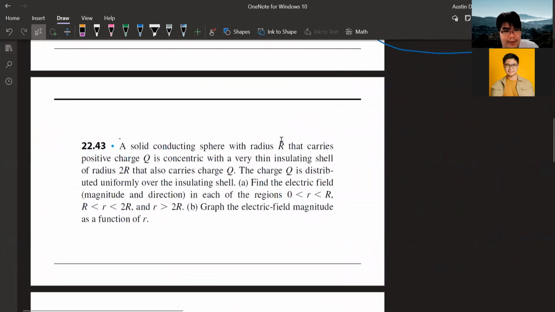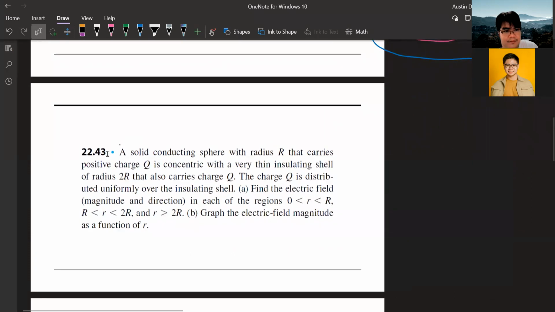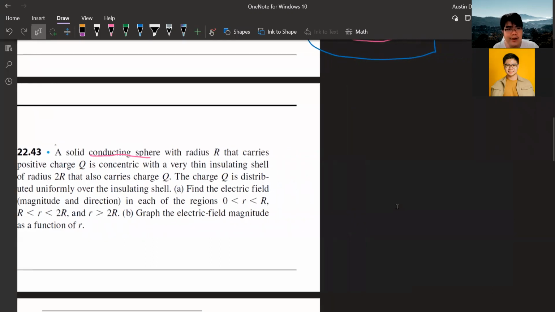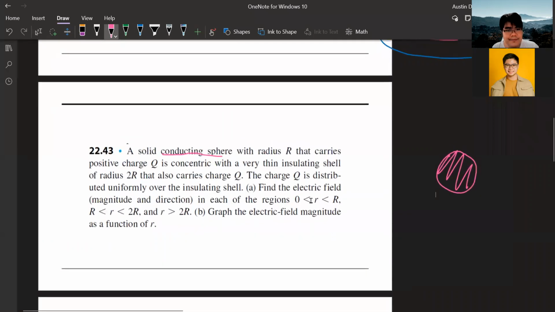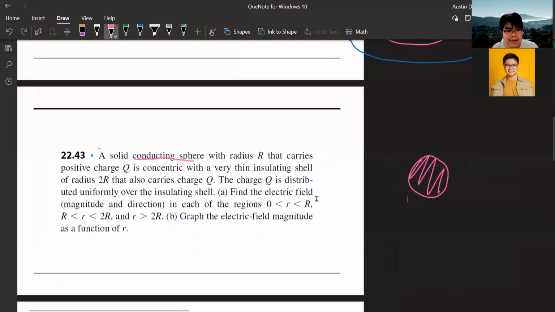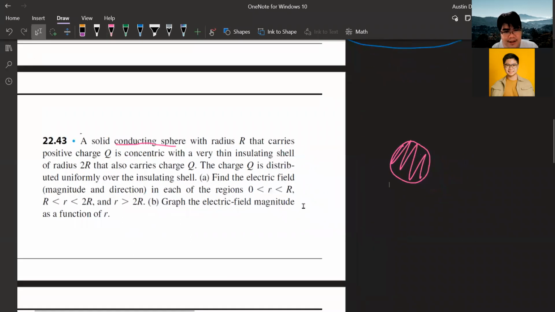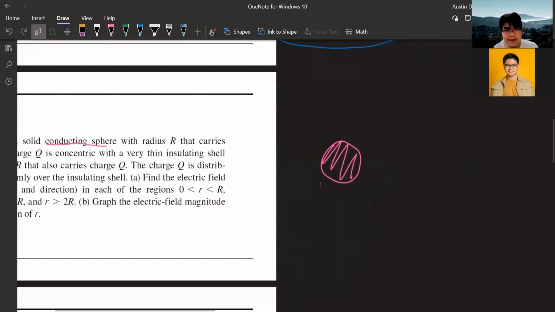Okay, let's have another one. Again, meron tayong conducting sphere. A solid conducting sphere with radius R carries positive charge Q and is concentric with a very thin insulating shell of radius 2R. So meron kang solid, then meron kang concentric sa kanya, which is a thin insulating shell of radius 2R.